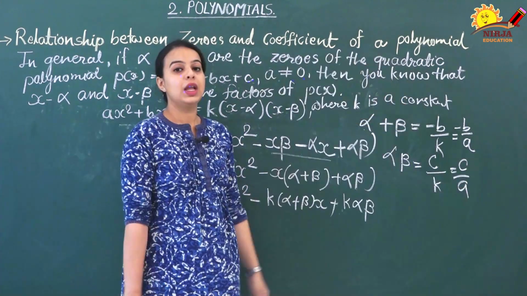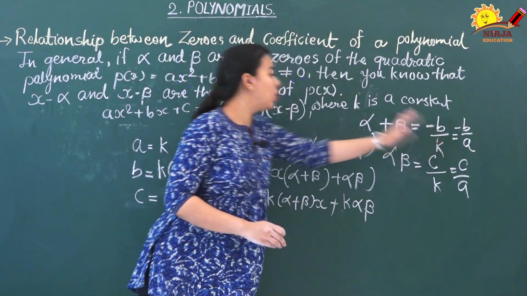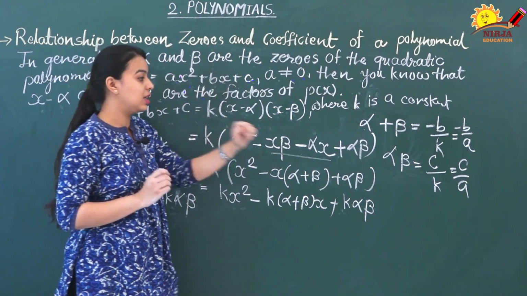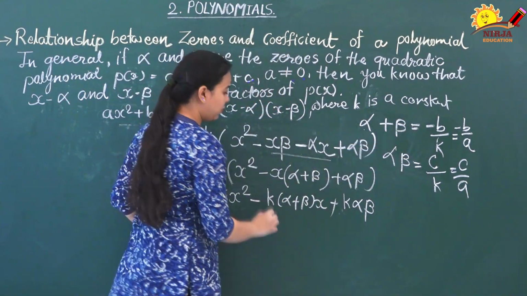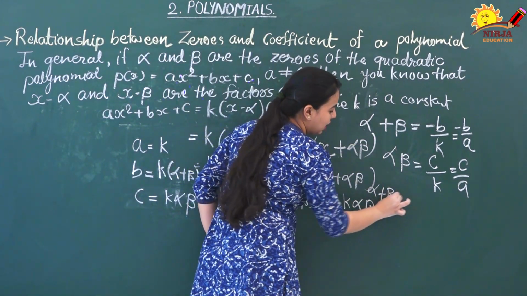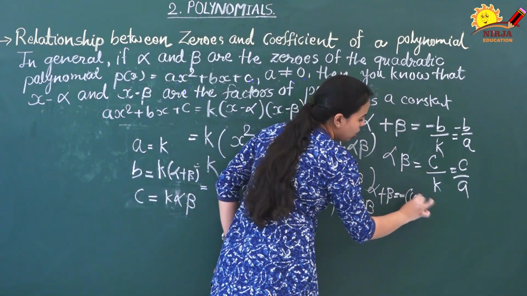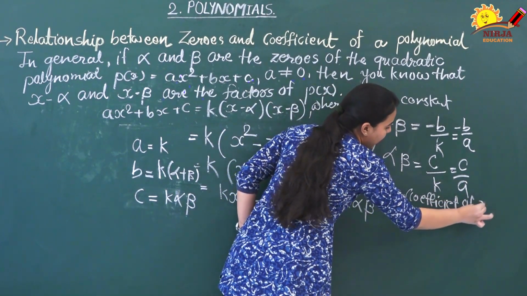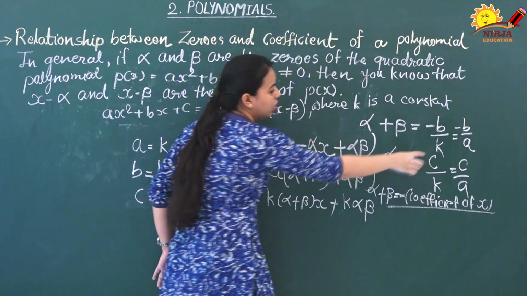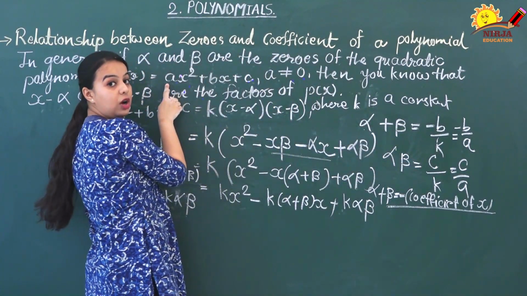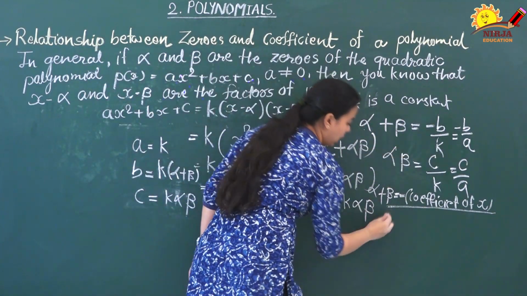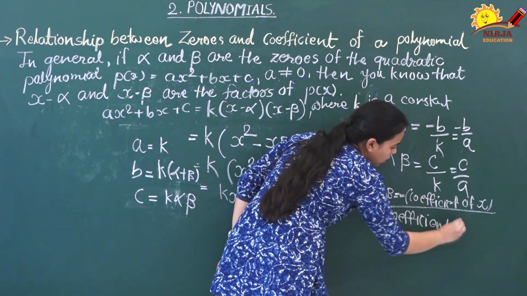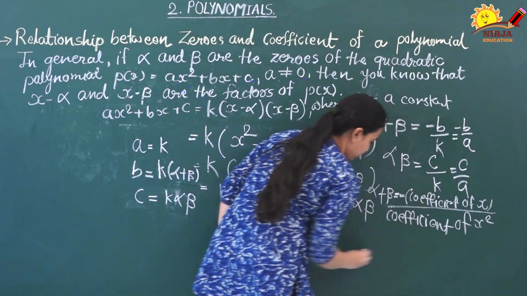And if you have noticed, over here this b is the coefficient of x. So in place of alpha plus beta, we can write minus coefficient of x upon a, and this a is the coefficient of x square. So in place of a we can write coefficient of x square.